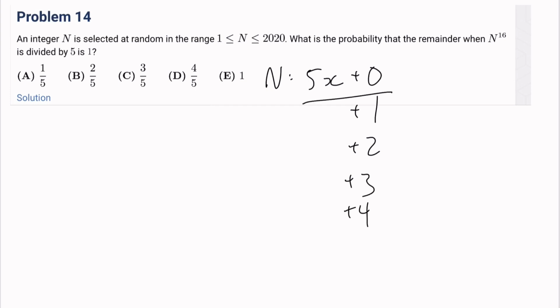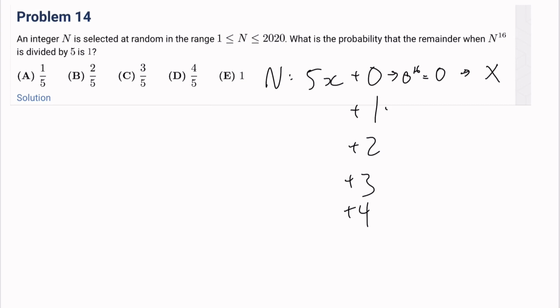But first of all, when n is 5x plus 0, the remainder of n to the 16th power divided by 5 will be 0 to the 16th power, which is 0, so it's not 1, so the remainder of that won't be 1.